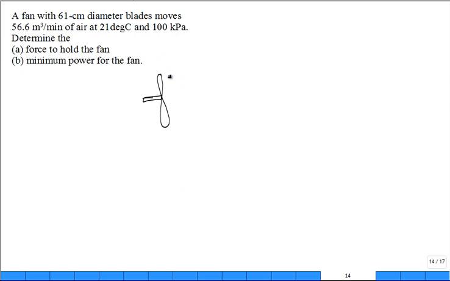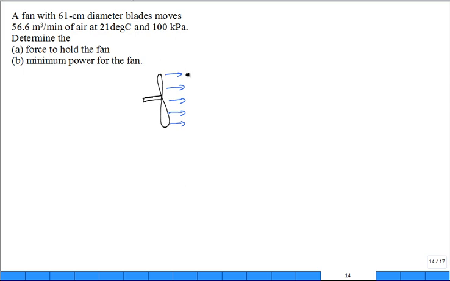It issues a relatively uniform velocity profile. It's not perfectly uniform, but on the outlet of the fan it's a uniform velocity profile.